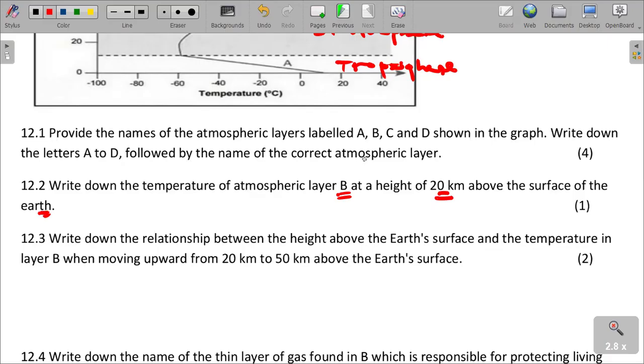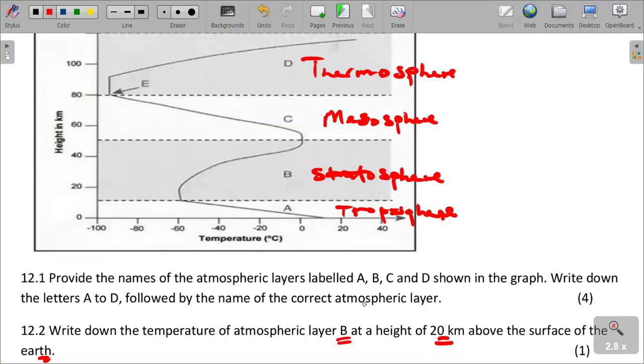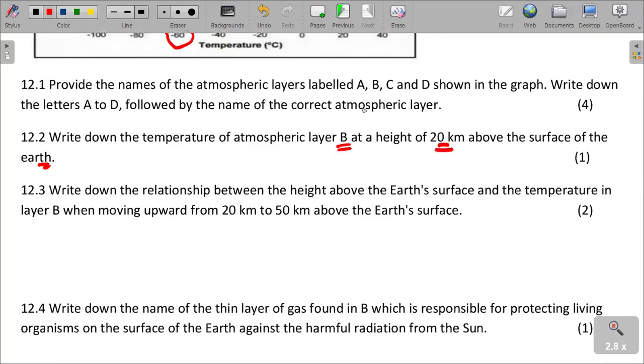So we look at layer B at height 20. We come to the graph and read it like that. It is minus 60 degrees Celsius.